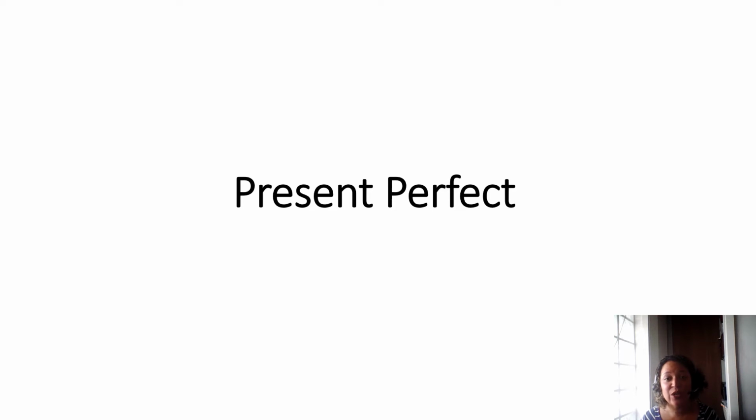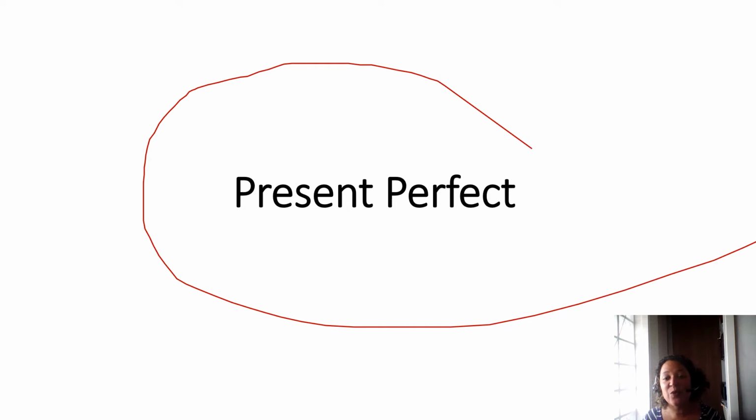Yes, we learn English to communicate. We want to be able to talk to other people. So the idea is you need to know when to use certain structures. In our case, the present perfect, right? So the present perfect is our friend, and I'm going to show you today how.